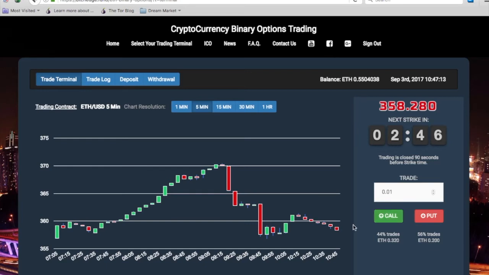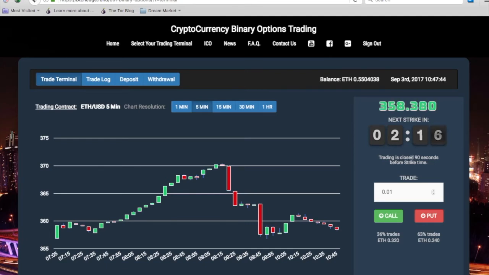The price might fluctuate a little bit, so you had better find the right time to open the contract, buying the contract, either call or put. If you want to buy a call contract, for example, it's better to wait until the price is a little bit lower.